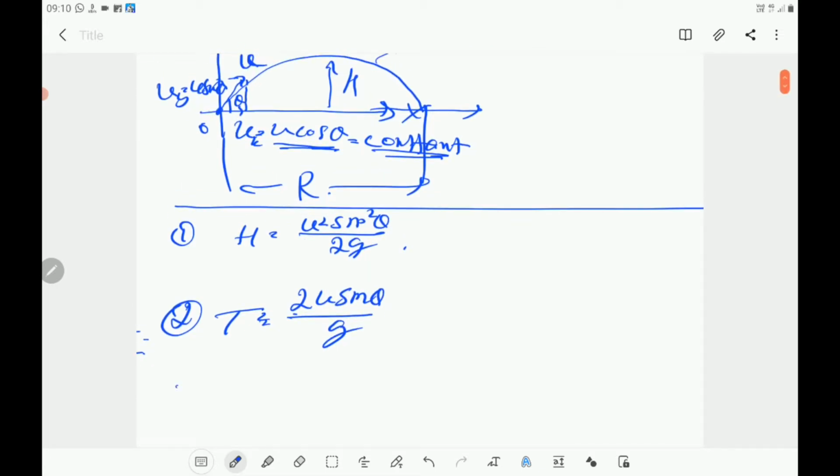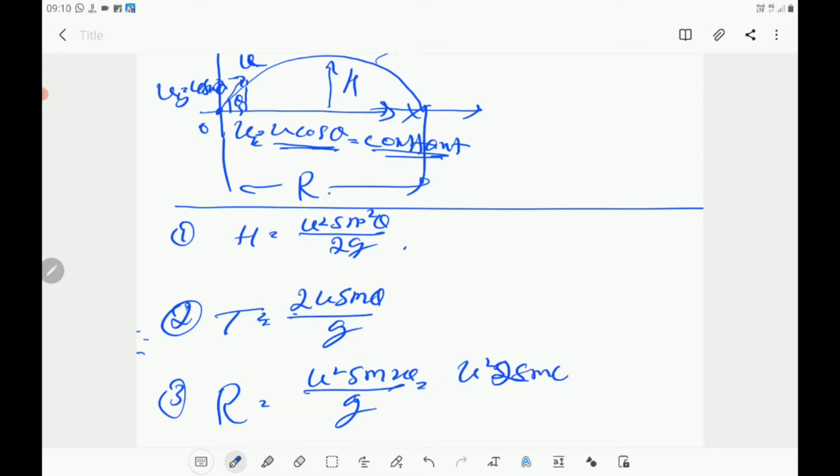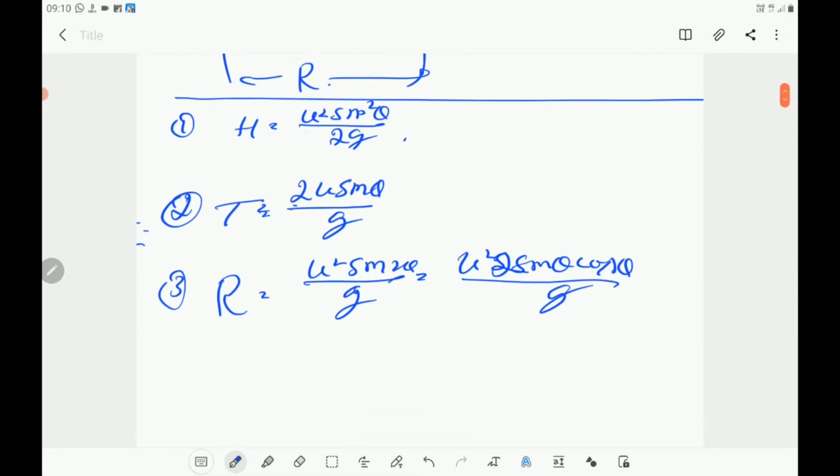And the third one, range. What is range? u square sin 2 theta by g, or you can write u square 2 sin theta cos theta divided by g. These are the three equations.